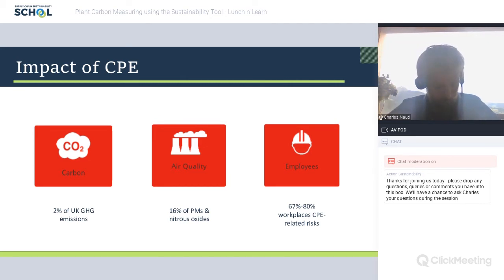And then if we look over at something related to that, health and safety, obviously the air quality issue is a health and safety issue at the same time.